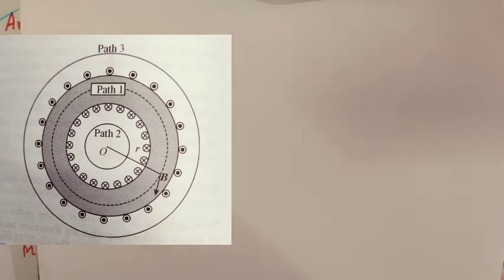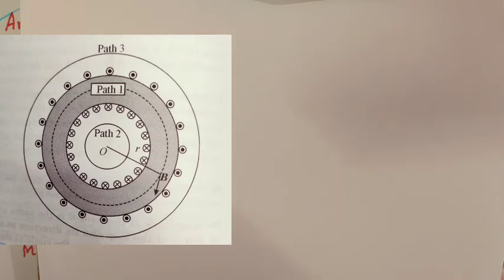We consider a circular Amperian loop, path 1 in this figure, of radius r passing through the point. From symmetry, the magnitude of the magnetic field B is the same at all points on the circle of radius r. And from this figure you can see B is directed tangentially to the circle at any point.